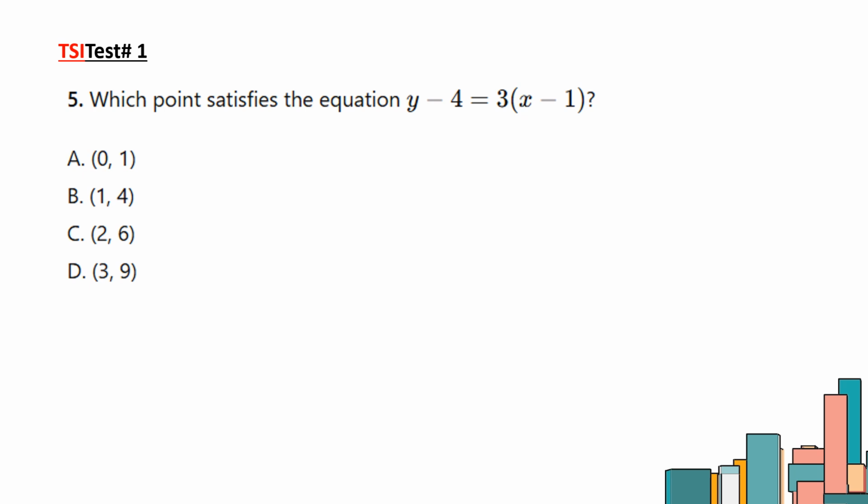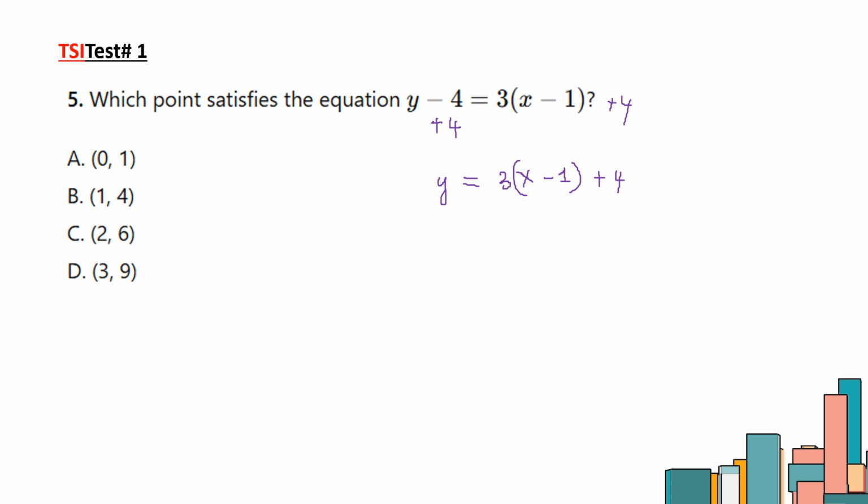Question number 5. Which point satisfies the equation y minus 4 equals 3 times x minus 1? First of all, we have to solve for y. I will add 4 to both sides, and then it will be y equals 3 times x minus 1, plus 4.